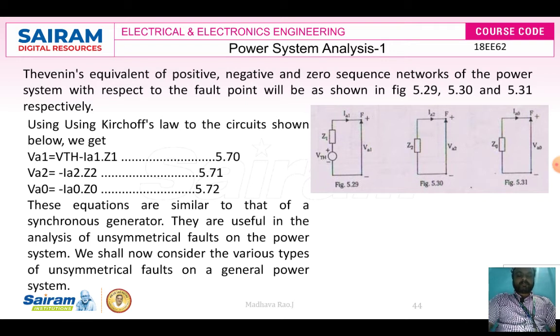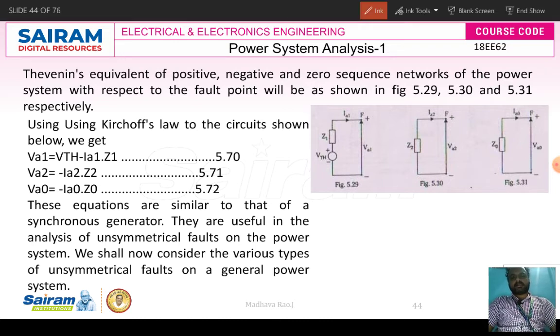VA1 equal to V Thevenin minus IA1 into Z1. So here we can see the equation. VA2 is equal to minus IA2 into Z2. VA0 is equal to minus IA0 into Z0. So these are the voltages. These equations are similar to those of a synchronous generator.